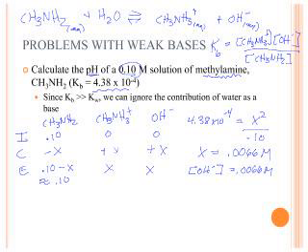No. There's actually a couple of ways we could go with this. I don't know if you guys have a preference either way. We developed an expression yesterday in class involving Kw. Do you guys remember Kw? What is Kw? We know that the hydronium ion concentration times the hydroxide ion concentration is 1 times 10 to the minus 14th.